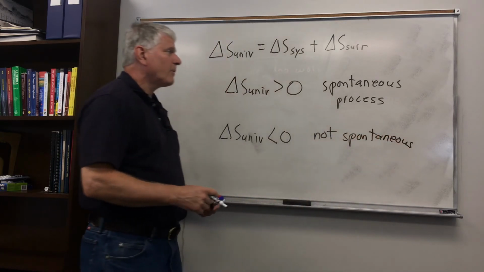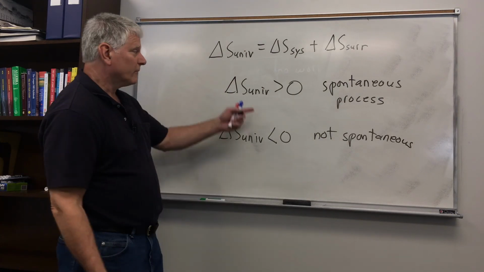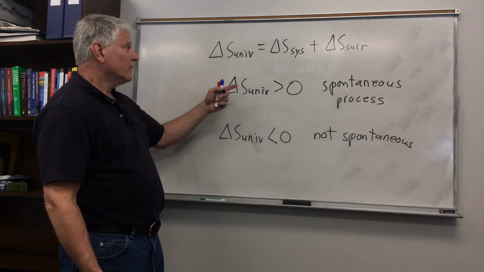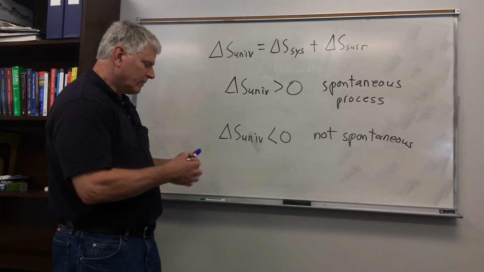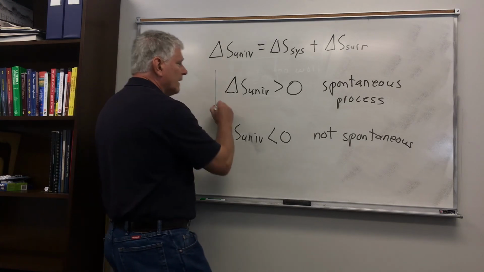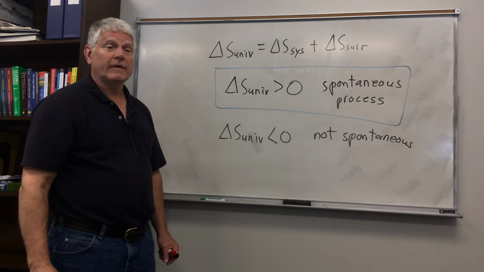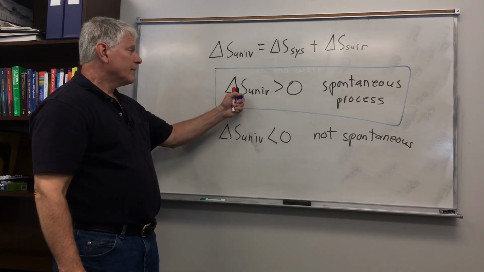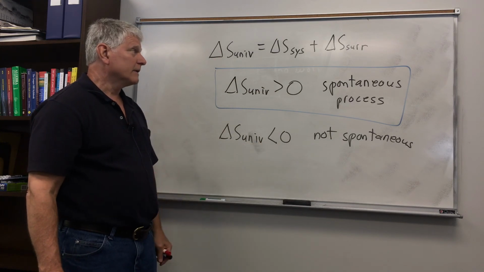So for any process to occur, it has to be spontaneous or it wouldn't occur for the universe. So then everything that occurs in our universe has a delta S of positive value. So the entropy of the universe is always increasing. It can never decrease.